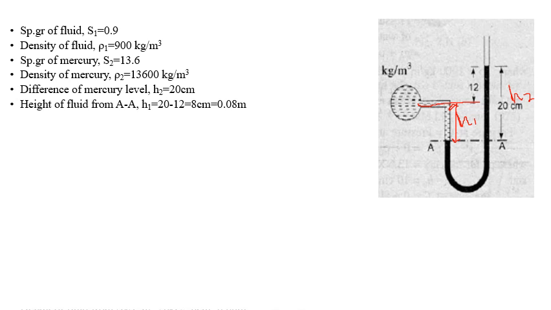From above AA, the total height of mercury available in the left limb is 20 centimeter. The distance from the center of the pipe to the mercury level in the right limb is 12 centimeter. So the height of H1, the height of fluid from AA, is equal to 20 centimeter minus 12 centimeter, that is equal to 8 centimeter or 0.08 meter.